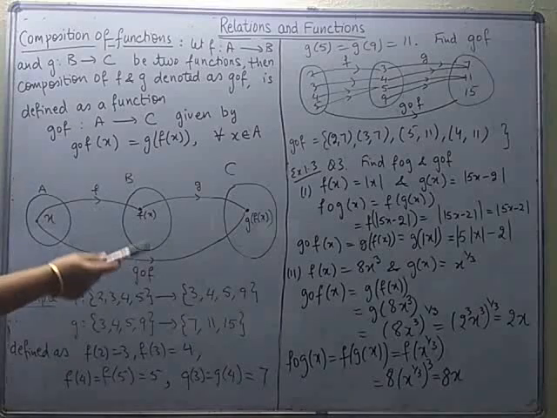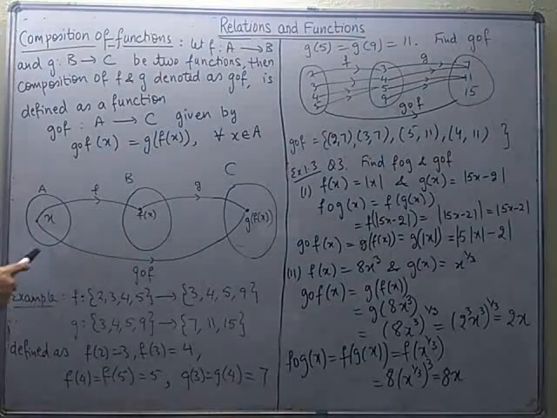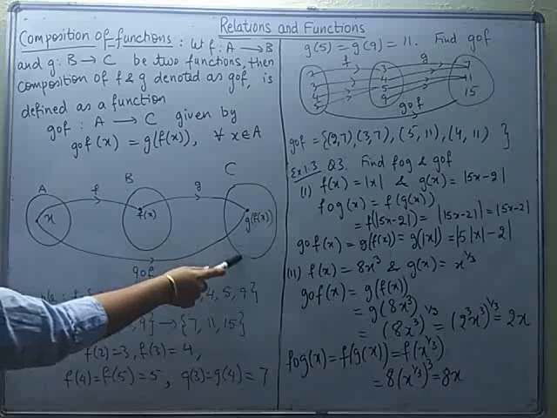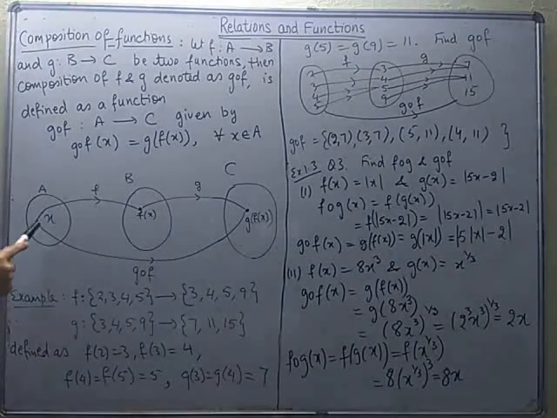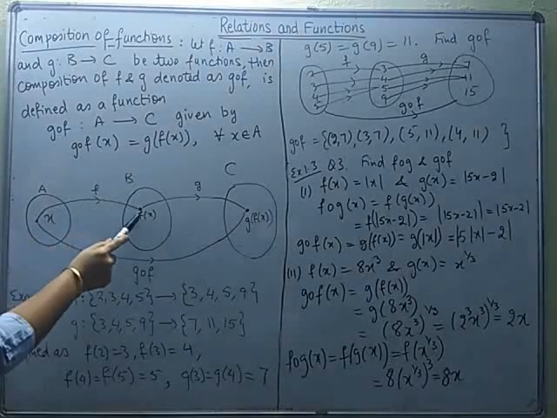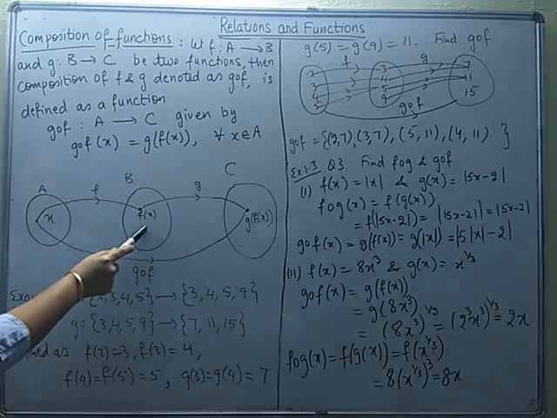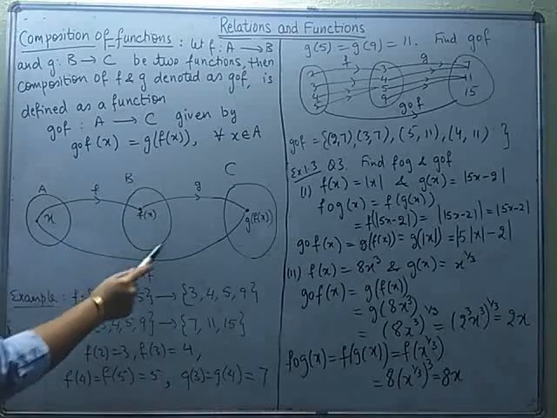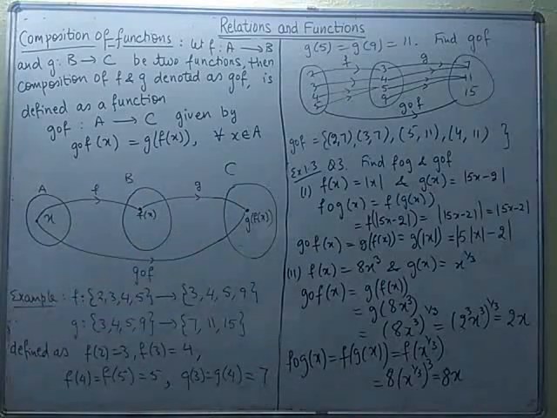Same thing we can understand from the diagram. You can see sets A, B and C are drawn here. Suppose the elements of set A are denoted by x, then their image under the function f is denoted as f of x, and this is the domain of g. Set C is the codomain of g.